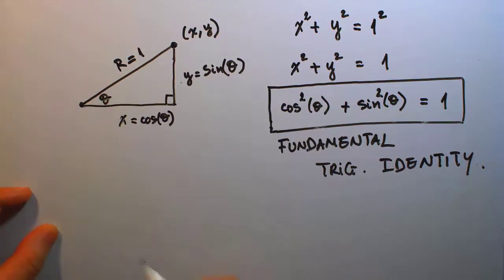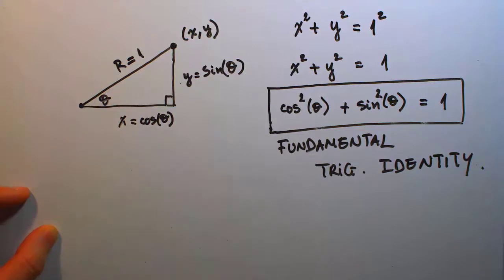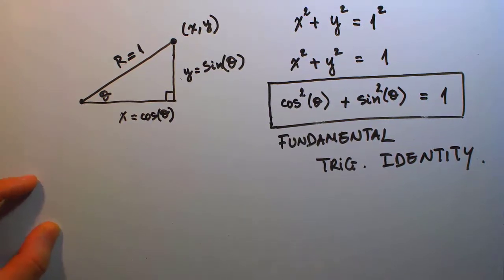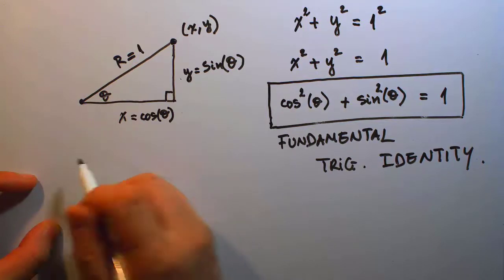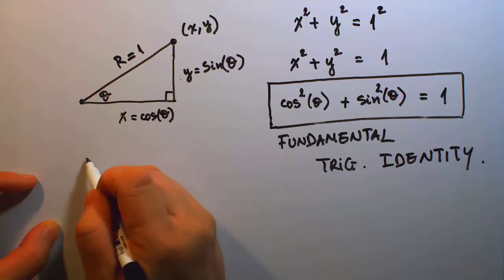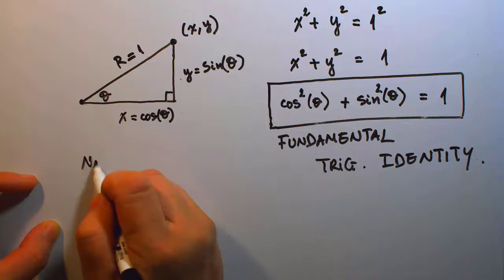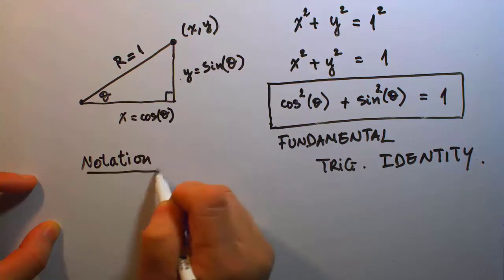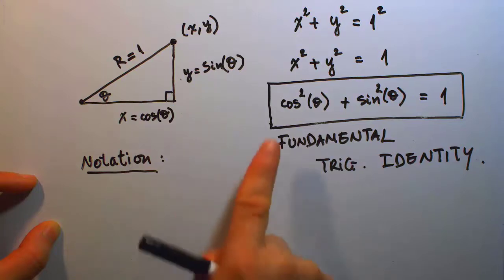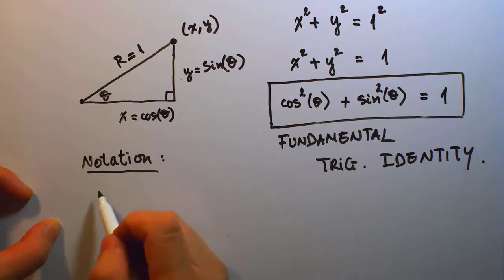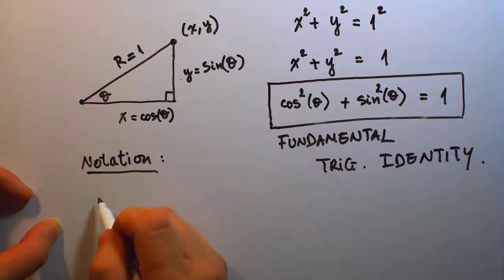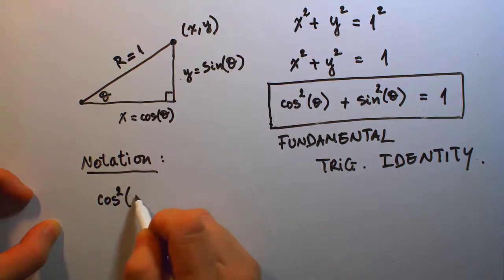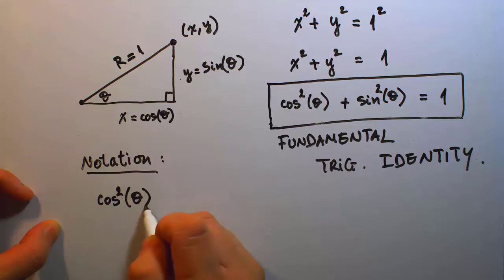And right after we've learned about the fundamental identity here, it brings up a clarification that I need to address in terms of notation. So notation. When I was writing, and you can still see that on my board here, the notation cosine with a square, and then comes the input theta right there.